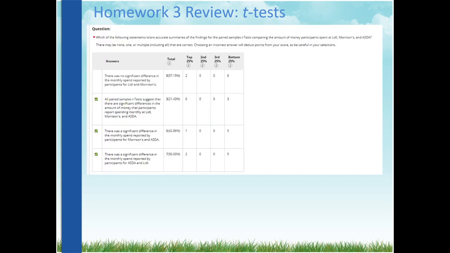So the first of these is this one. Which of the following statements is or are accurate summaries of the finding for the paired samples t-test when you're comparing Little, Morrison's, and ASDA? So you could choose any of the above. So all three of those bottom ones that are checked made sense based on the question. The top one did not, and let's take a look at why.